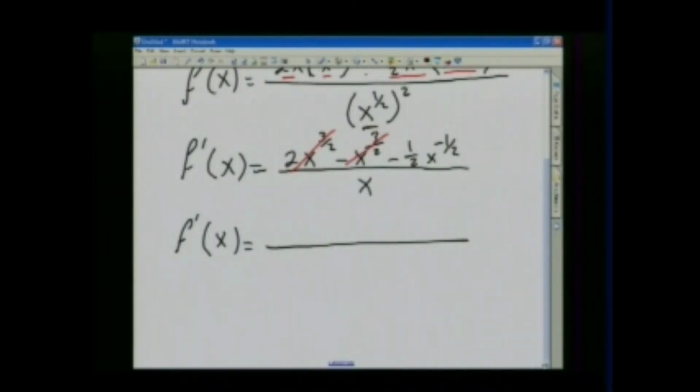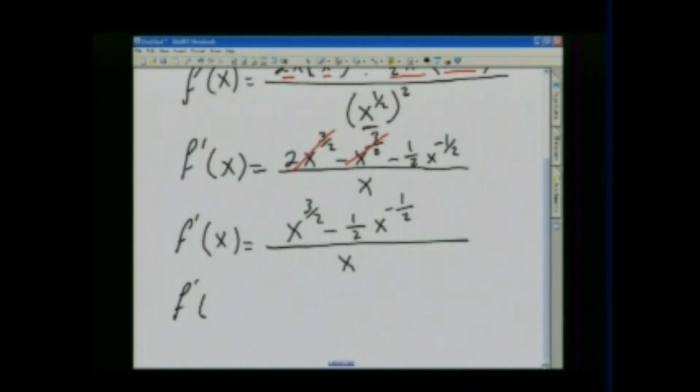That would give me only 1x to the 3/2 minus 1/2 x to the minus 1/2 divided by x. I probably can simplify this further, but I think this is basically enough. Well, let's just take one more step.